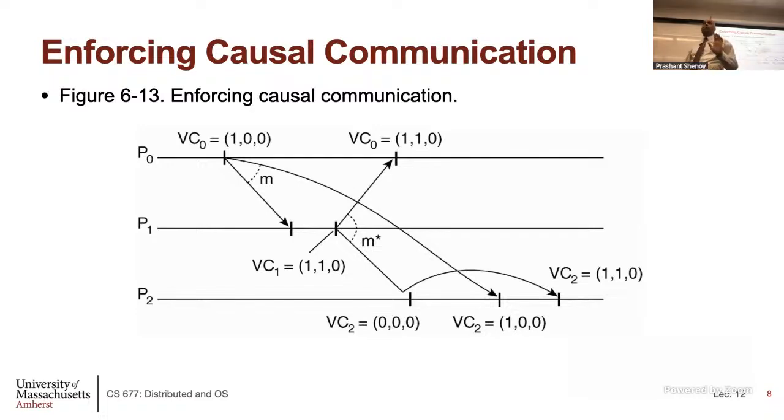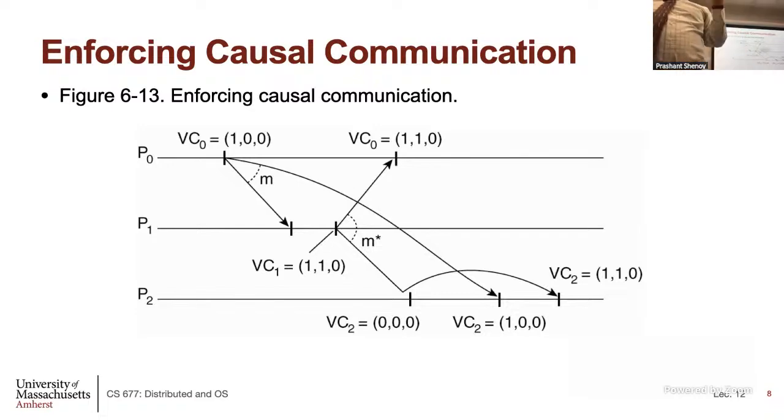Now, you can ask, are these two messages M and M star ordered? This is the send of the first message. And P1 has a receipt of that first message, and then the send of the second message happened after the receipt. So these two sends have become ordered events. The send of the first message has happened before the send of the second message.